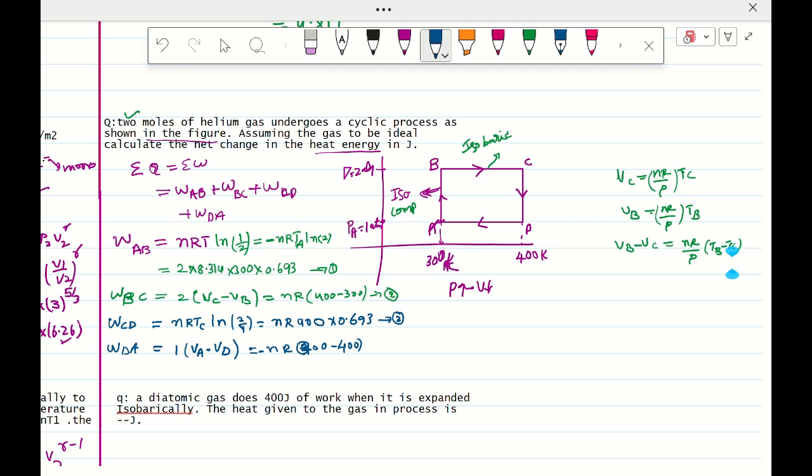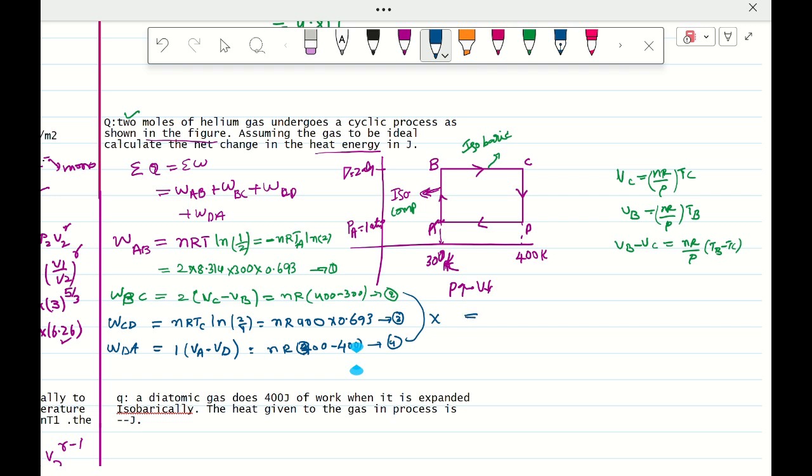So you don't need to take another minus here, because the work is already negative, since it is a compression. That means the temperature is decreasing from 400 and the volume also decreases. So 2 and 4 cancel each other.